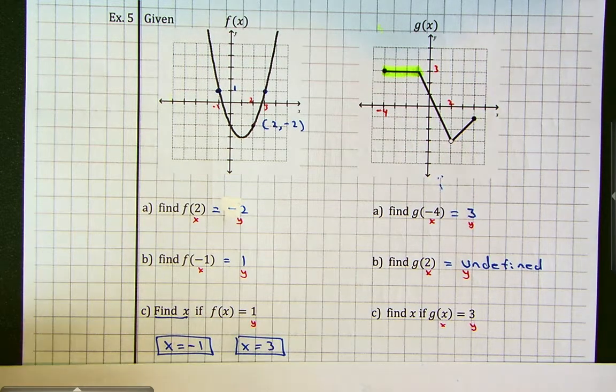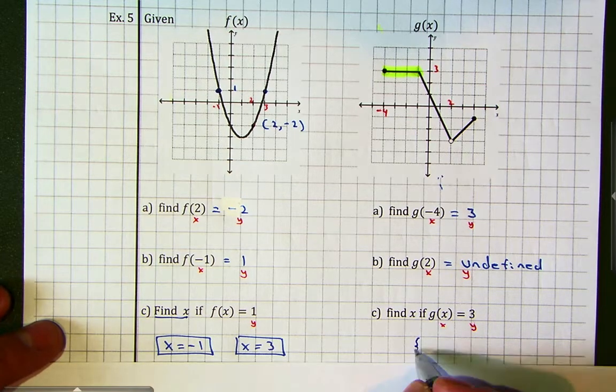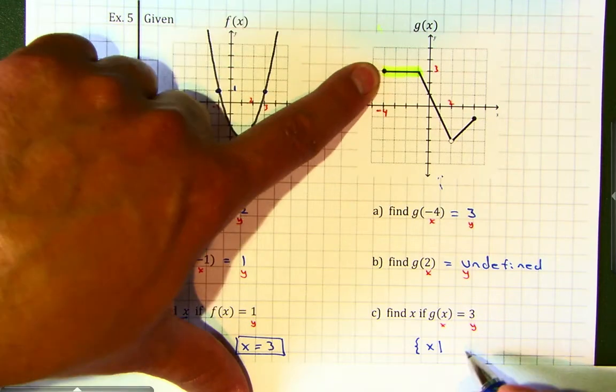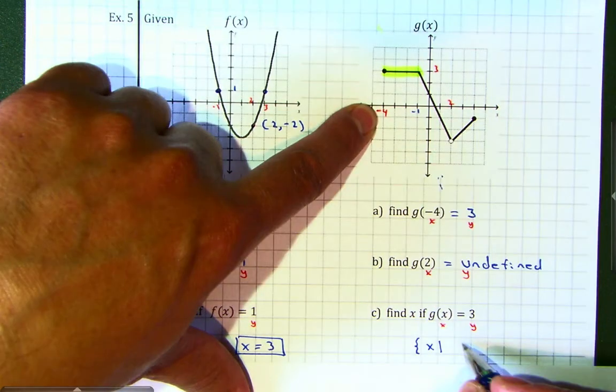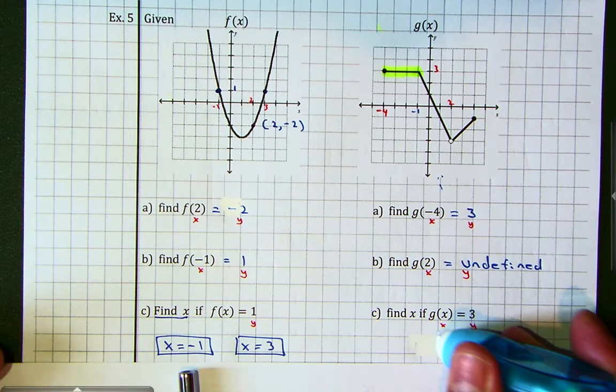So therefore, we're going to place a set notation. So all the values of x, such that all the values are between -4 and -1. We can actually, let me just place it as an interval notation instead.